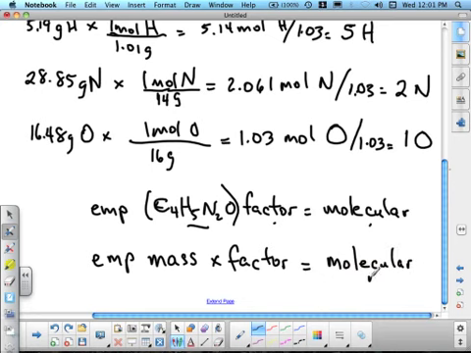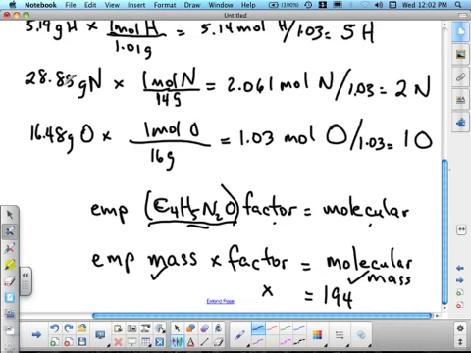I've got empirical mass because I can add up all the values in my empirical formula, and they gave me the molecular mass. It was 194. So I don't know my factor, but I'm going to add up my empirical mass.